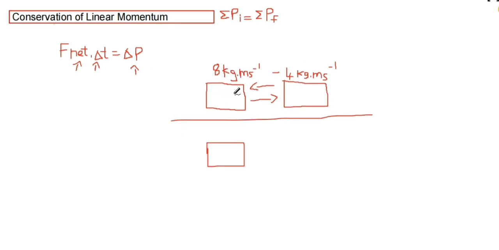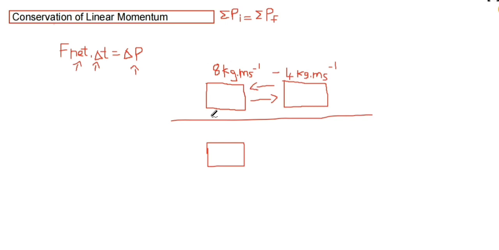So whatever this block gains in momentum, this block will lose in momentum. And whatever this block loses in momentum, this block will gain in momentum. So it's always what you take away here, you have to add somewhere else. And what you add here, you have to take away somewhere else.